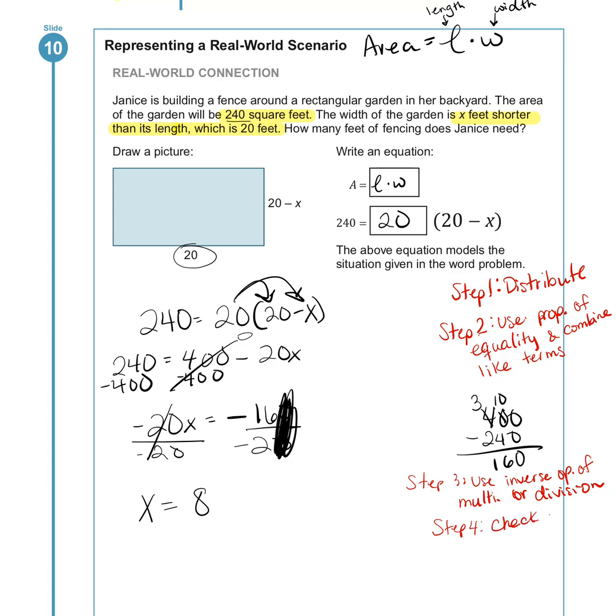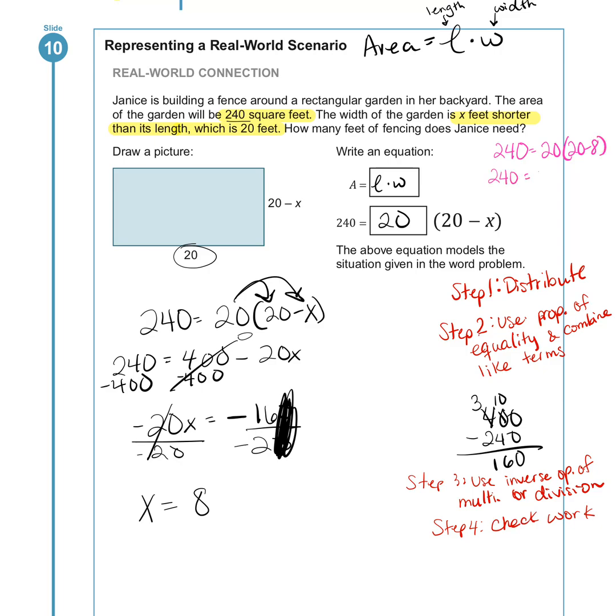check your work. So now I'm going to go ahead, I'm going to pick my pink color, right? And I'm going to plug it in. I'm going to come up here actually. So my 240 equals 20 times 20 minus 8.